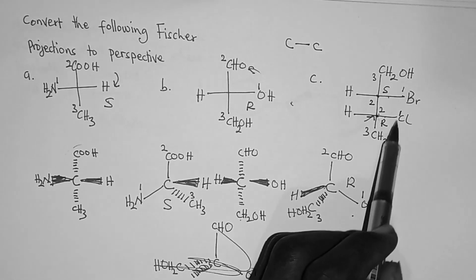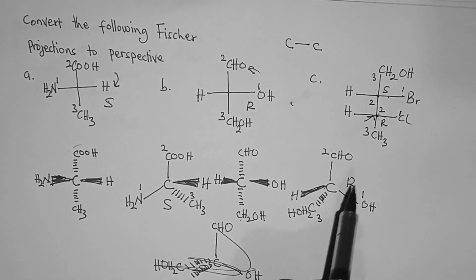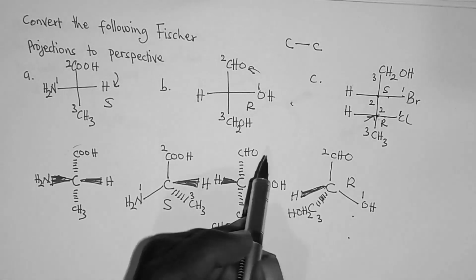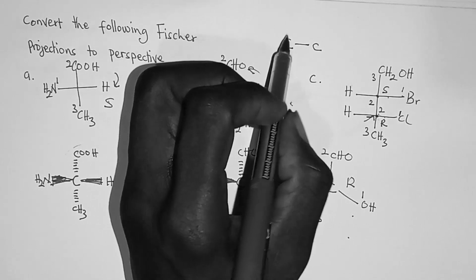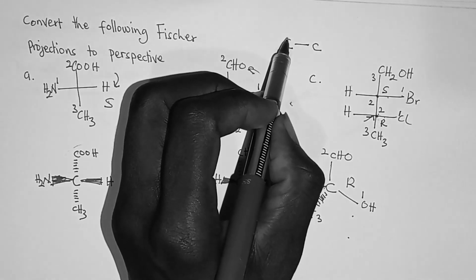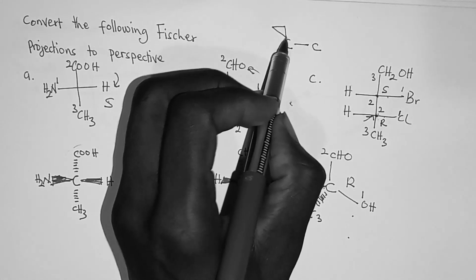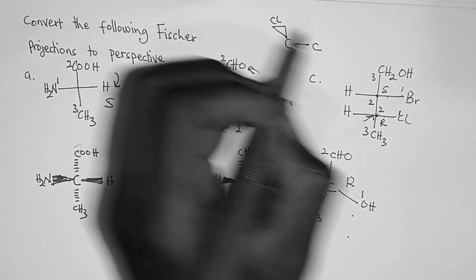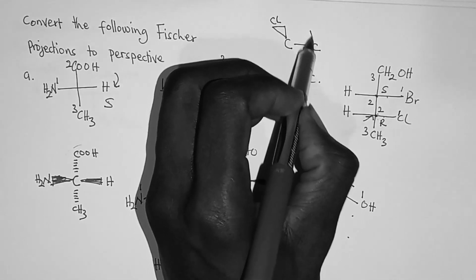Now, the chlorine and then the bromine are the atoms that are pointing towards us. And therefore, let's represent them with the wedge bond. So there's a chlorine group here, and then there's also a bromine group.